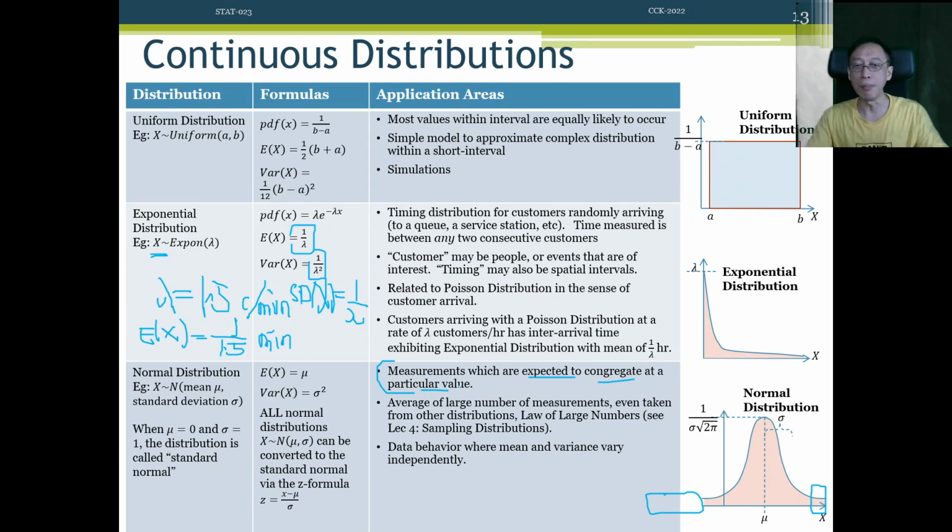That is what we mean by measurements expected to congregate at a particular value, either by human design or by natural science design. For example, when we reach the age of 18 years old, we are all expected to be, on average, 1.65 meters, plus minus 15 centimeters for one standard deviation.